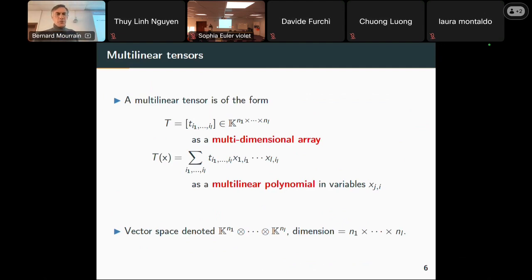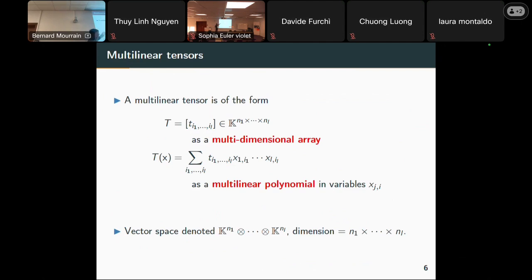So multilinear tensors are usually represented as a multi-dimensional array where your entries T, i1, i2, ..., il are in fact the coefficients in the basis of the tensor product of vector spaces K^n1 tensor ... tensor K^nl.